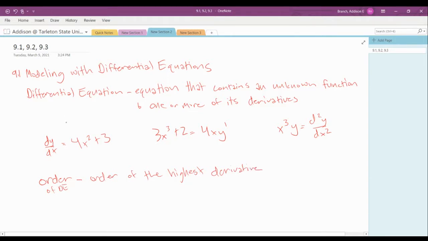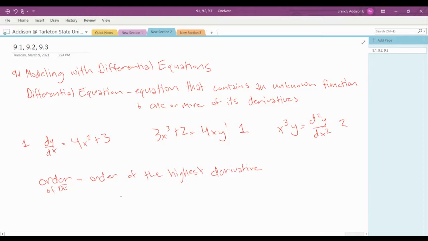For example, right here, we have a dy dx in this first one, so the order would be 1. Our second one, once again, we have just a normal y prime, so that would also be 1. Then we have a d squared y over dx squared, signifying our second derivative, so that order would be 2.